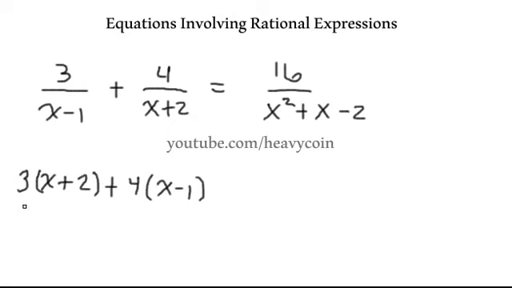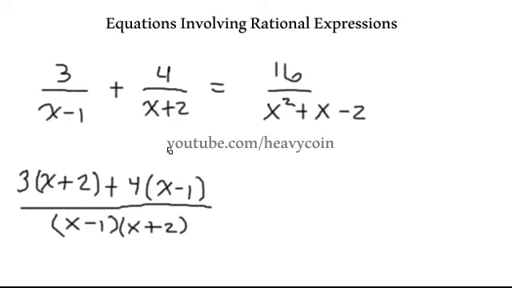And then this ends up being over x minus 1 times x plus 2. I think they call that cross multiplication or something like that. Anyway, and of course we don't want to forget what's over here.